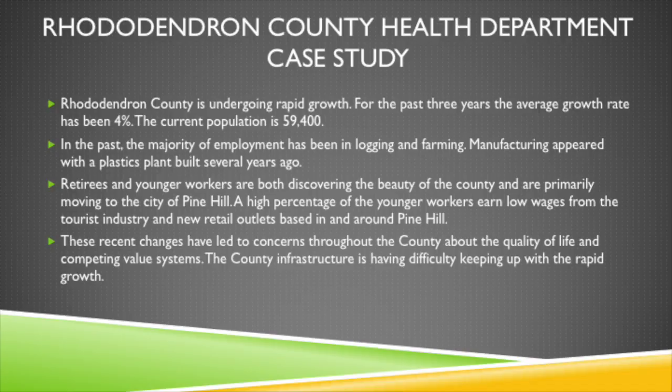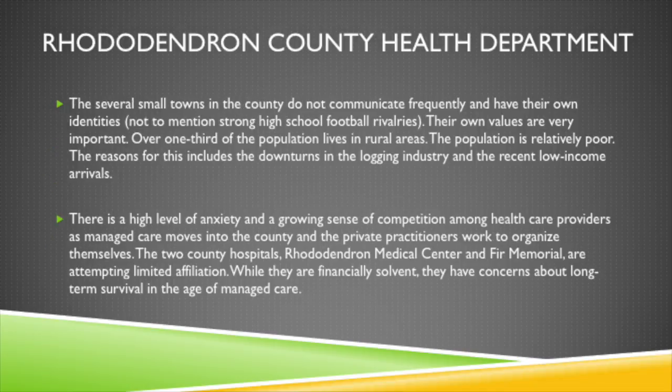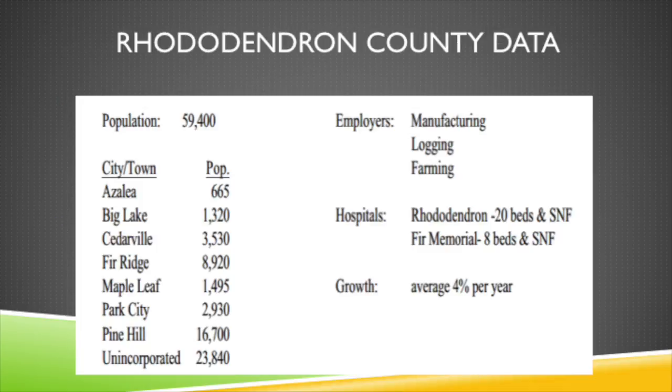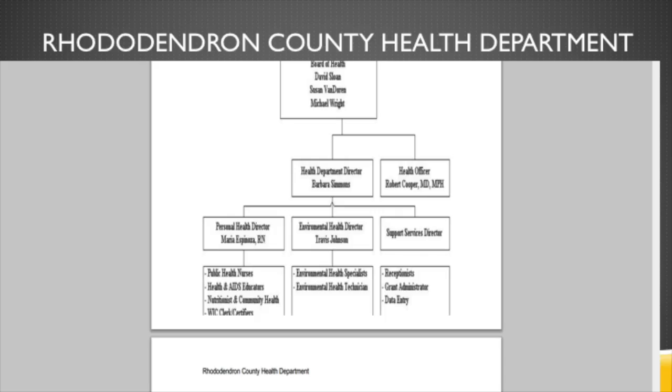You will be reviewing the population demographic about this particular county and some history in terms of the administration, the personal health services that were being provided, the environmental health services, the impact of the stakeholders that were involved, the Board of Health, and some of the plans that were in place, such as the Public Health Improvement Plan, and how the community was involved. And you'll go back in time to look at what happened in October 2010. What were some of the recommendations and how did the community get involved?